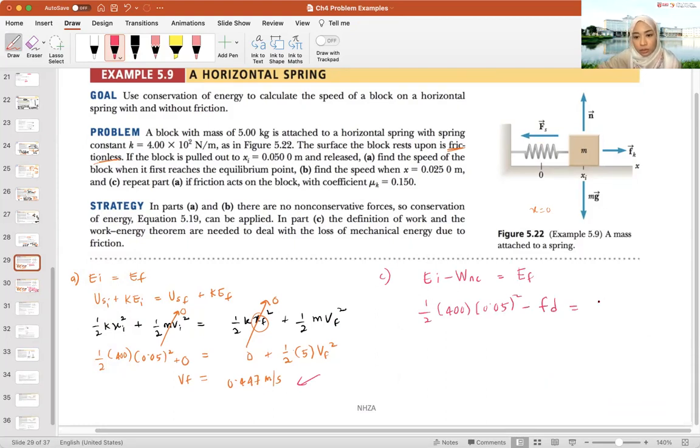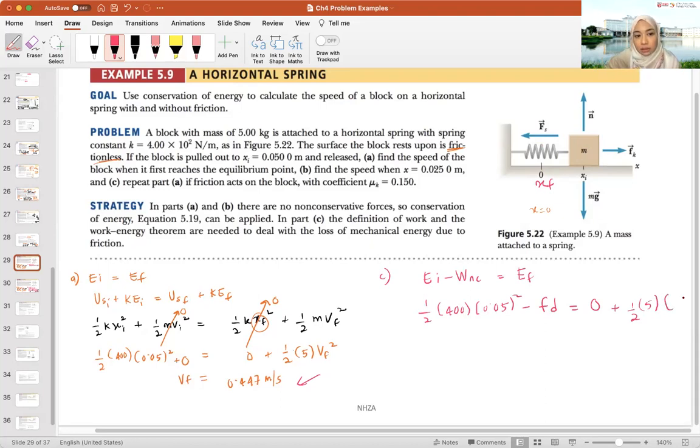This is going to be equal to EF. EF is this is our X final. So at this point our US ataupun our 1/2 kx final squared is going to be 0. And then 1/2 m is 5, and then final V final.